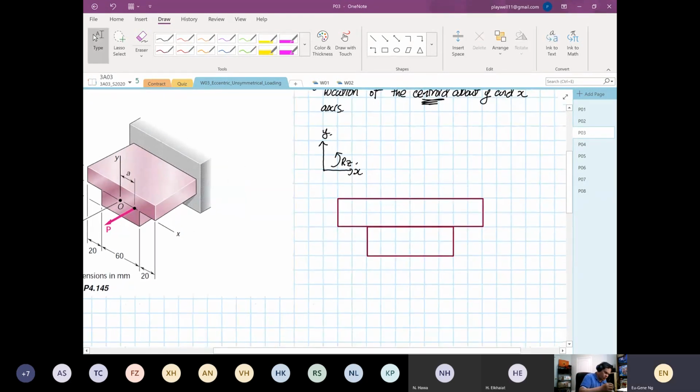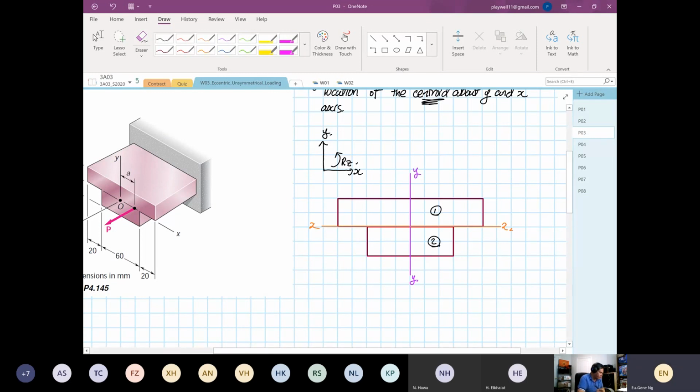Okay, so we are going to identify this is our y-axis. And based on what we are given, the next one, this is our x-axis. So we're going to divide this into 1 and 2.